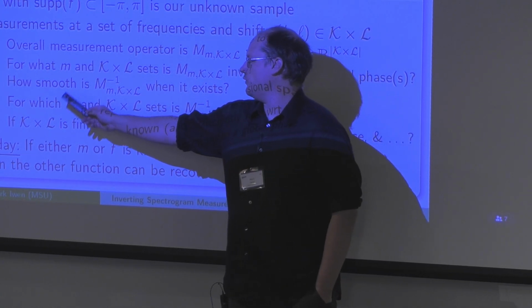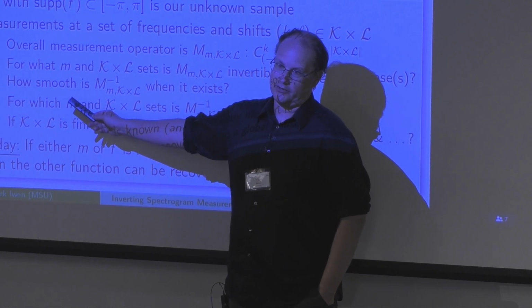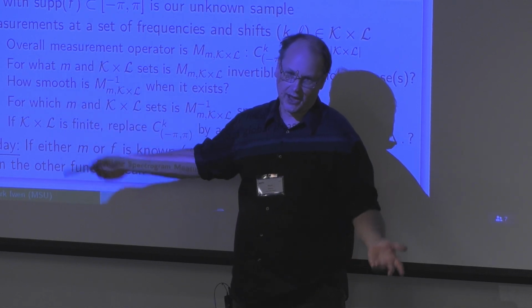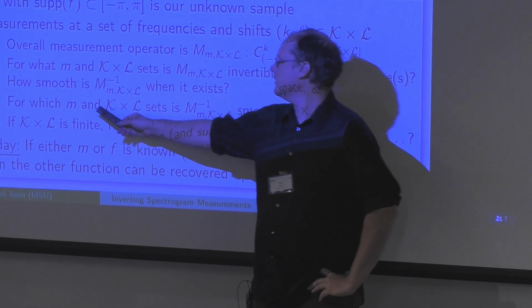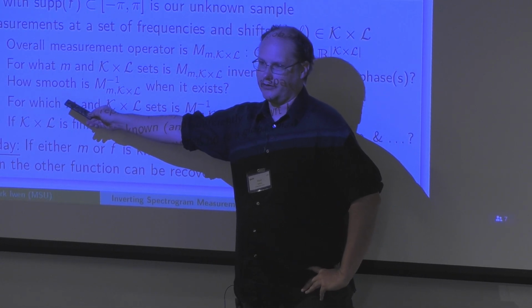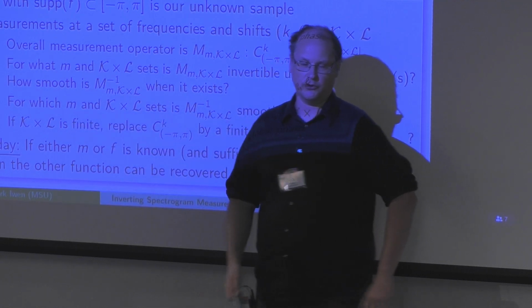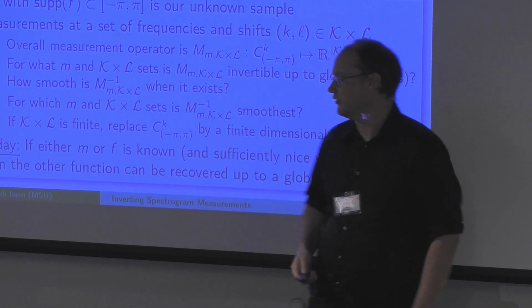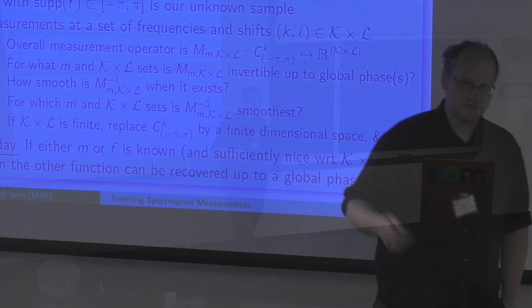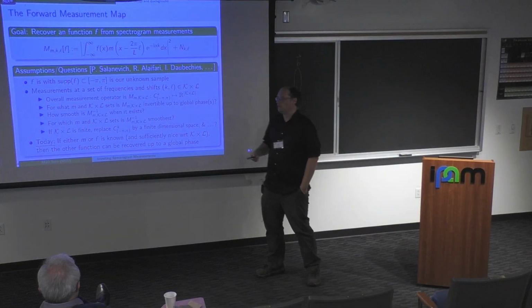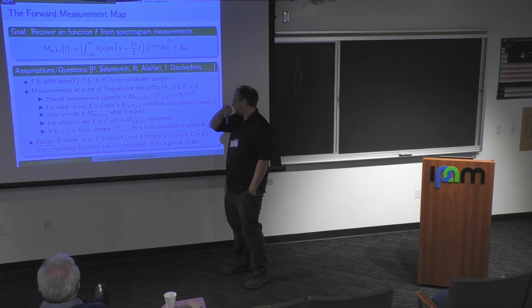Maybe you're designing a new detector. Is there any guidance you can get by banging your head against this theoretical wall in order to come up with a probe design that's optimal and gives you optimally smooth inverses? Maybe you can design a better probe or a set of frequencies and shifts to come up with more robustly invertible sets of measurements.